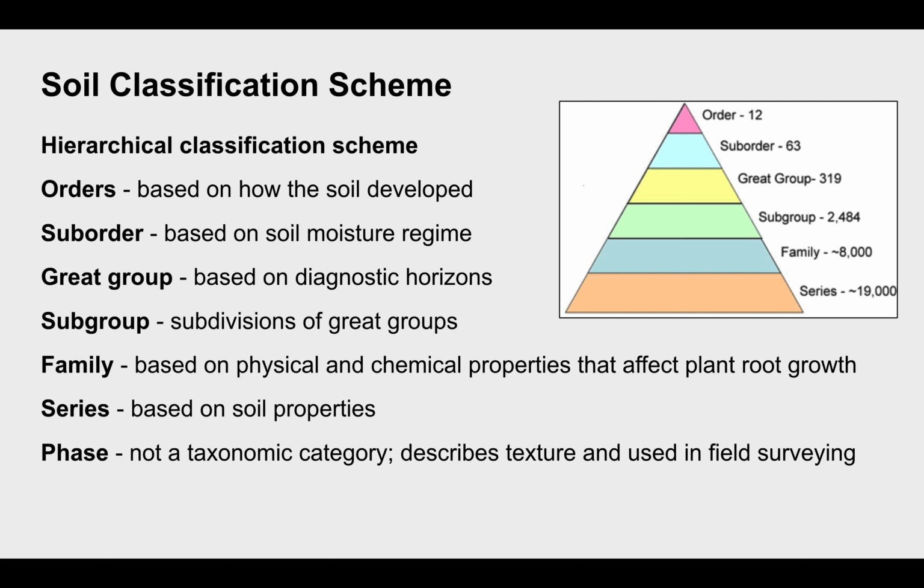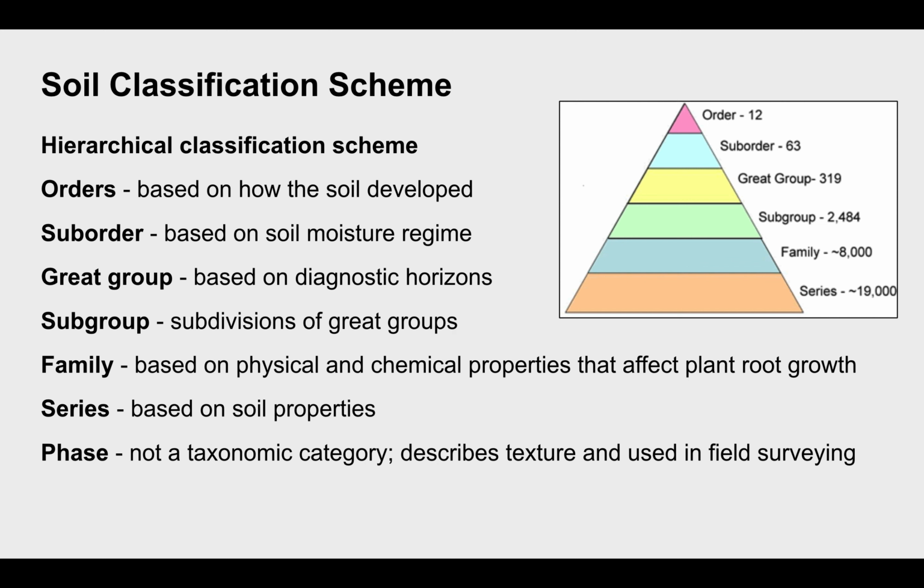This is a very broad definition of a soil. You can then define it even further and put it into a family, right? Subdivide it even more specifically into a subgroup, great group, suborder, and finally an order, all right? Oh, excuse me, I said that backwards. Order is the most broad, and then you can divide it out into way more different classifications here.